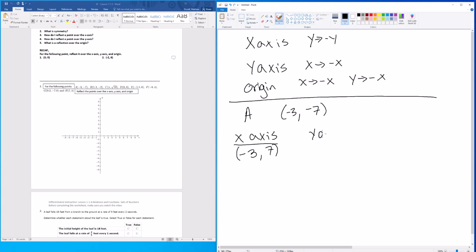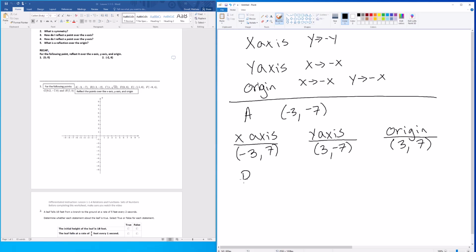Over the y-axis, you're going to add a negative to the x value. So if I add a negative to a -3, it becomes positive. And then if it's the origin, you add a negative to both. So it's +3 and +7.